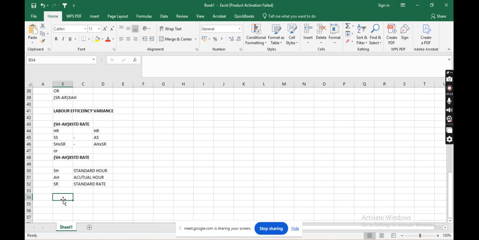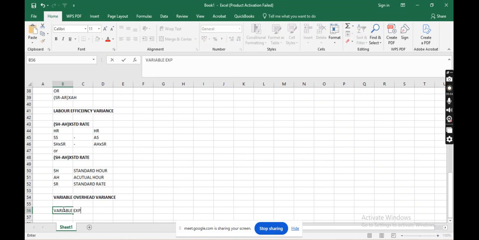But then I can say variable overhead variance. Class, variable overhead variance. So the first one is variable expenditure, right?